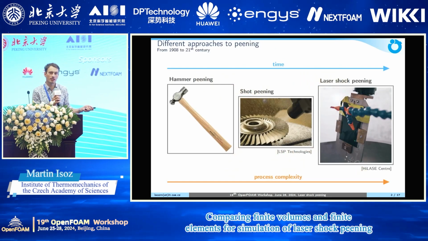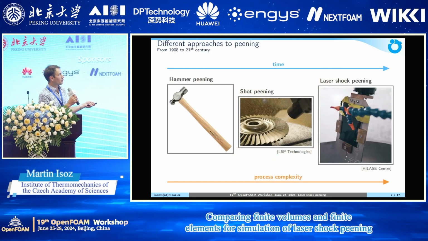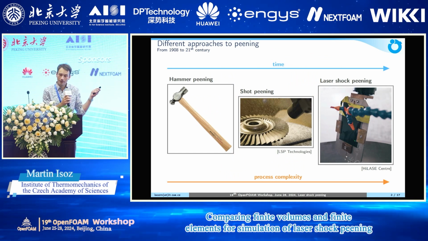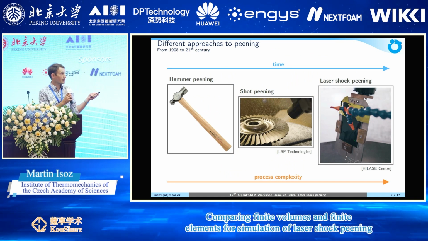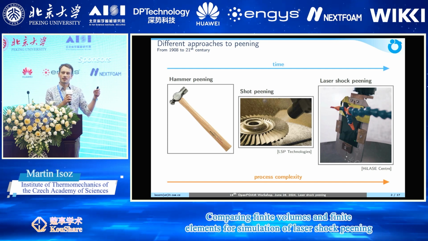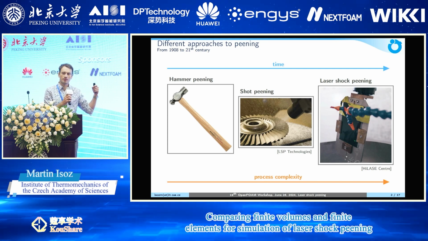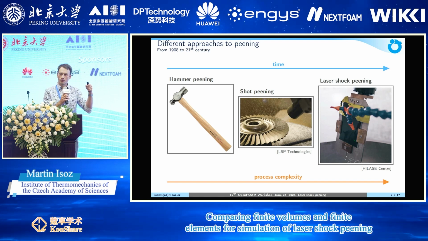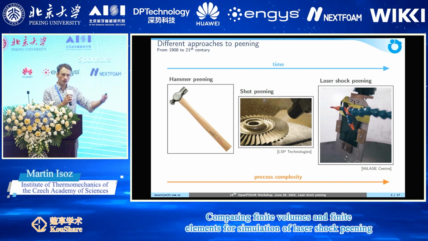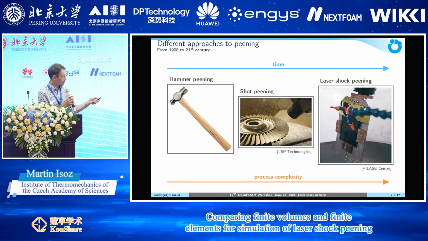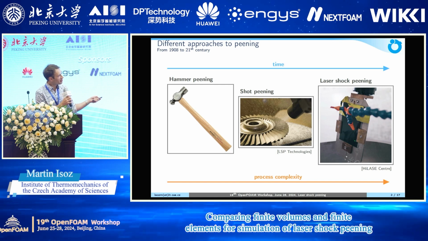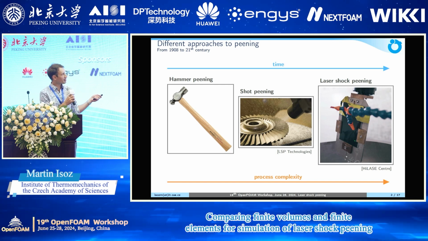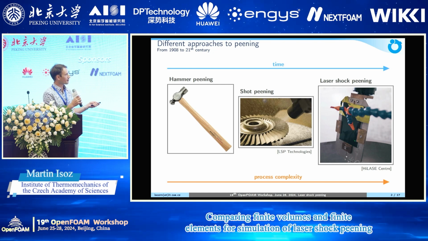This peening is rather well known, and the first recorded occurrence was, I think, in 1908, where some welders in the USA who built dams noticed that when they hit the new welds with a hammer, the welds behaved better. This promoted hammer peening, so they really hit everything with hammers.